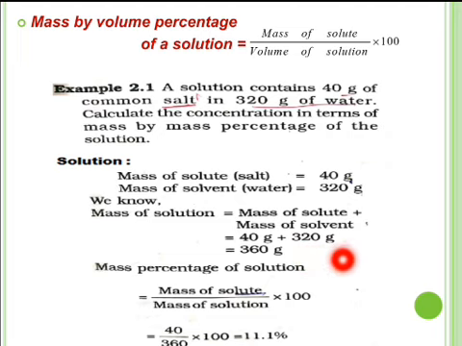So 40 divided by 360 multiplied by 100, on calculating it comes out to be 11.1%. So concentration of solution by mass percentage is 11.1%. So this type of numericals can be asked on the topic concentration of solution.